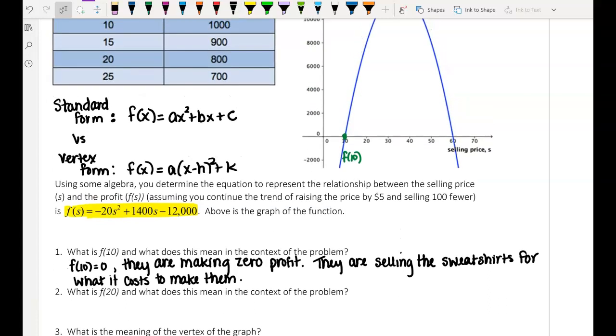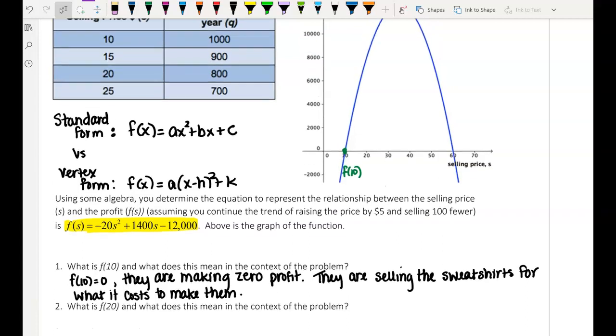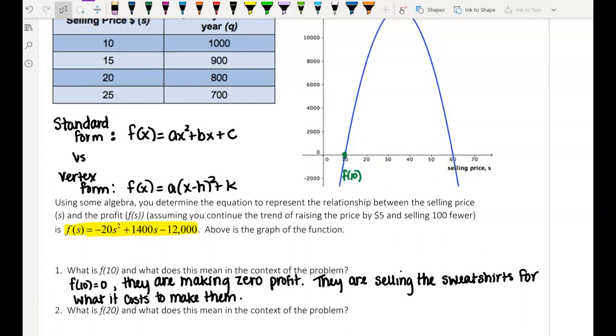The next one, they say, what is f of 20 and what does this mean in context of the problem? So here's 20. So this is f of 20.